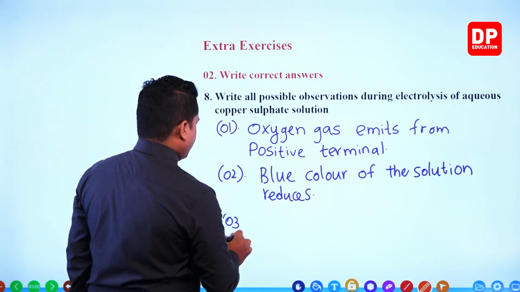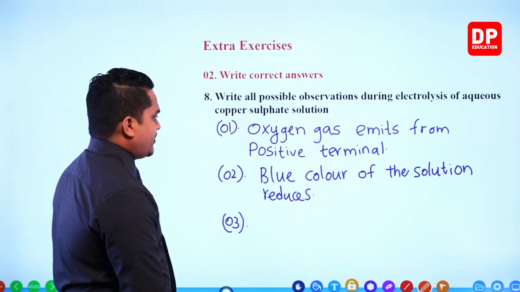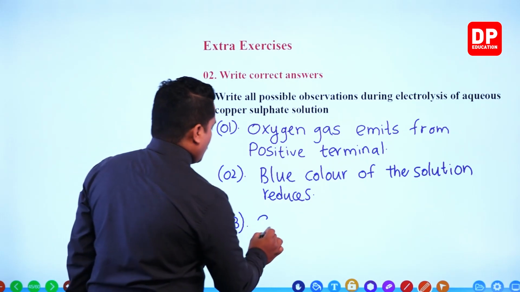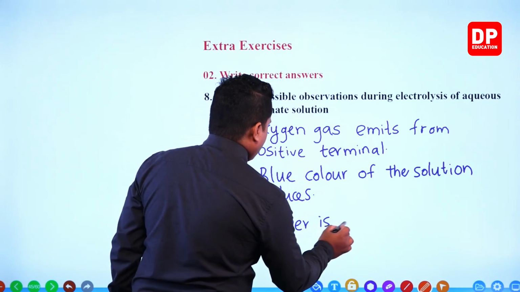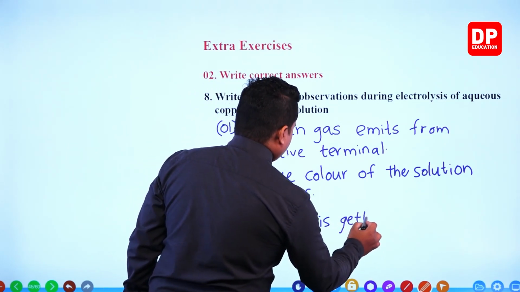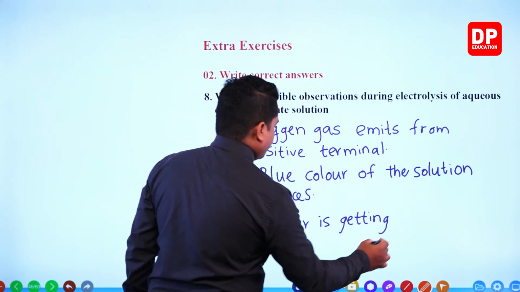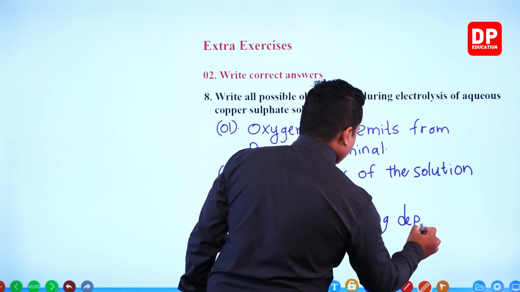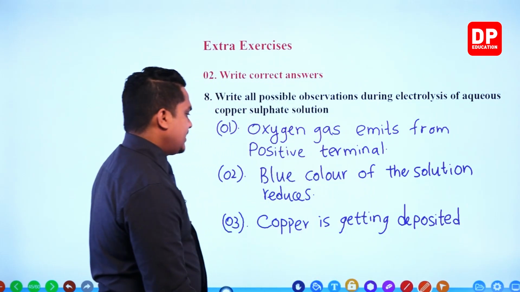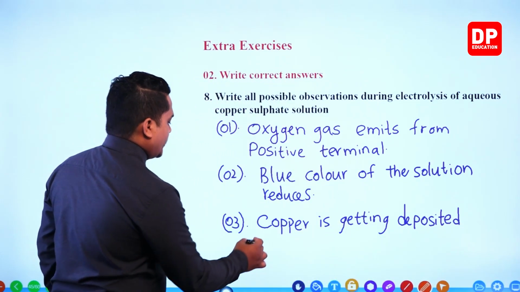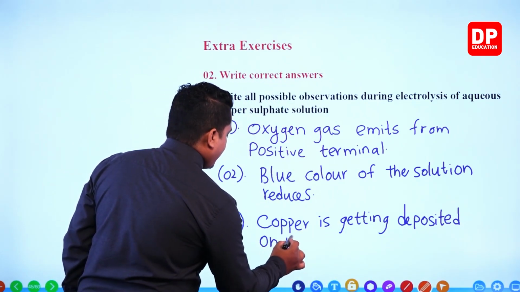Number three, third and the final observation would be copper is getting deposited on the negative terminal.